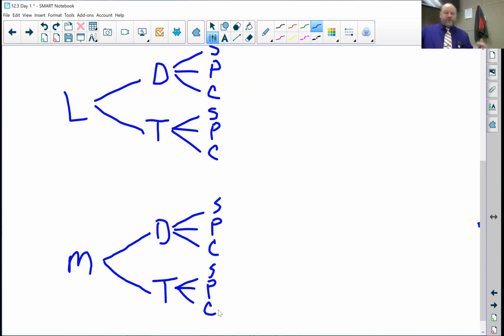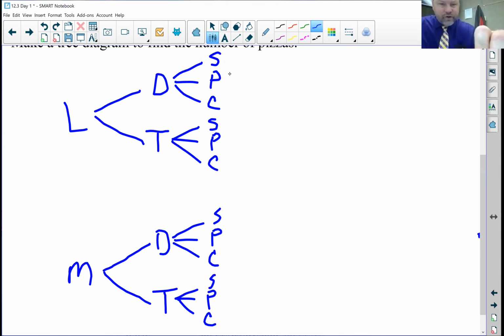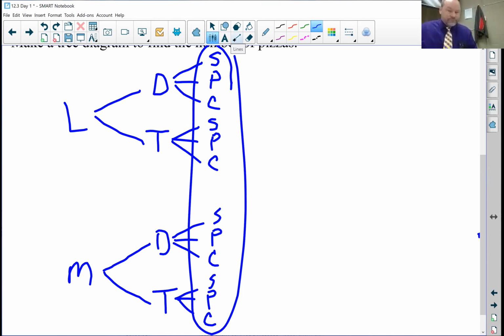So if we make a tree diagram, we can just count the number of endpoints on our tree diagram. So how many possible or how many different pizzas could we get at Manuel's?